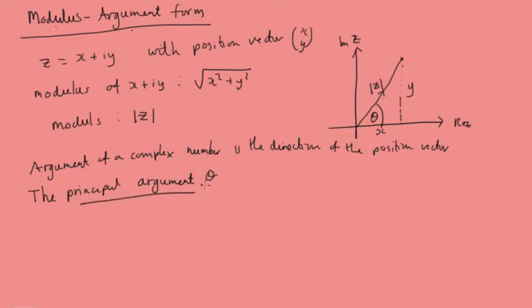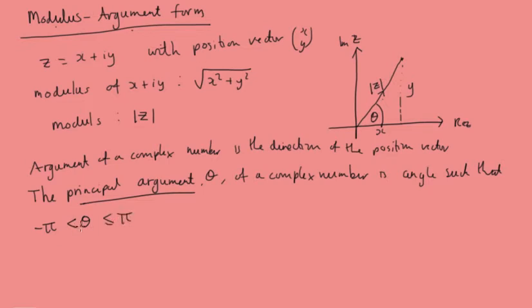Theta of a complex number is an angle such that minus pi is less than theta is less than or equal to pi.